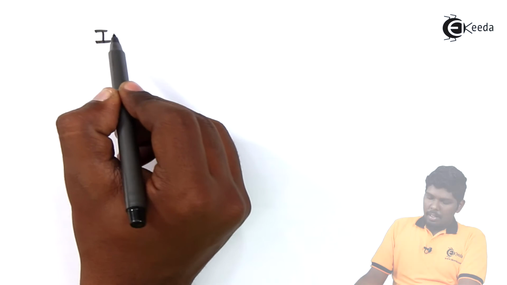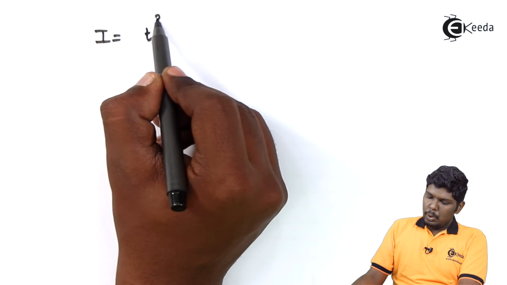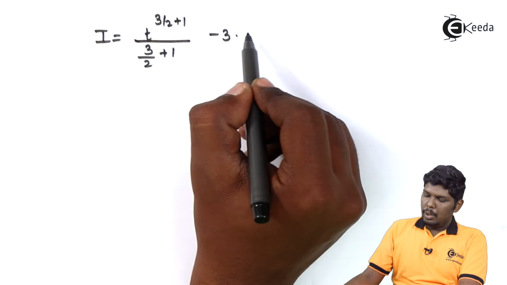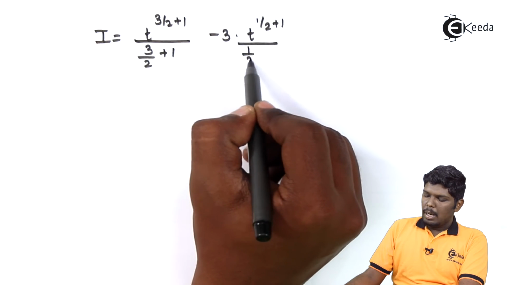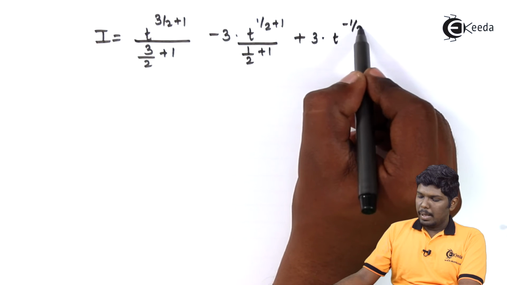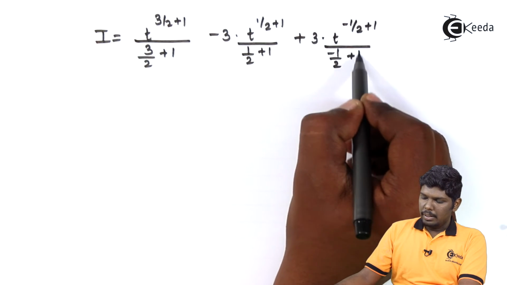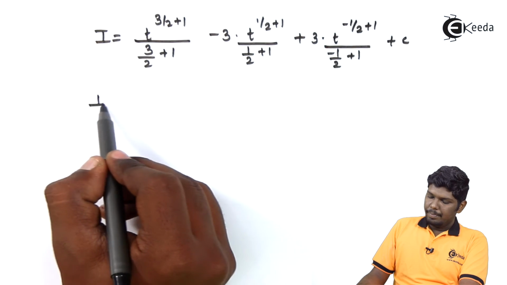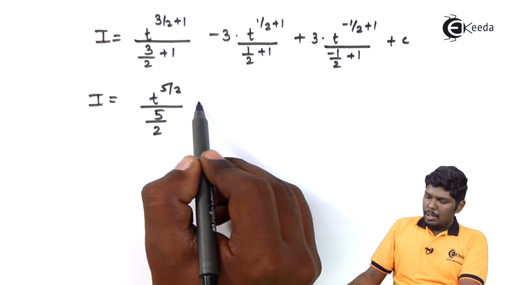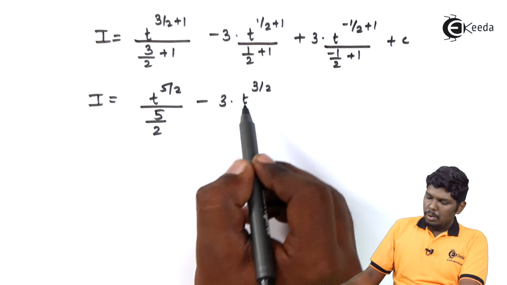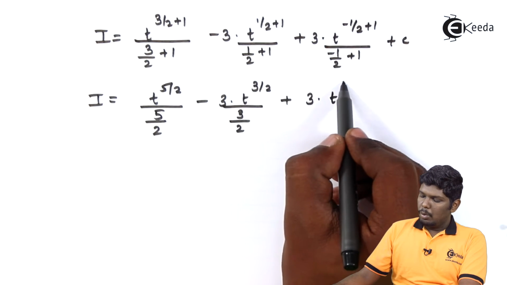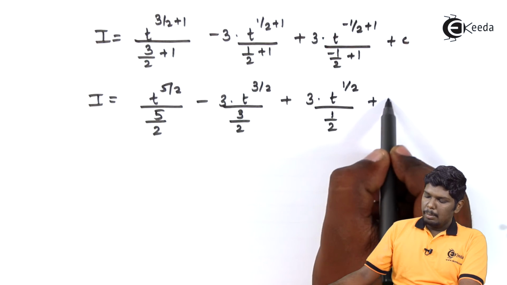That will give you I is equal to t raised to 3 by 2 plus 1 upon 3 by 2 plus 1, minus 3 into t raised to half plus 1 upon half plus 1, plus 3 into t raised to minus half plus 1 upon minus half plus 1, plus c. 3 by 2 plus 1 will give you t raised to 5 by 2 upon 5 by 2, minus 3, here we have t raised to 3 by 2 upon 3 by 2, plus 3, minus half plus 1 will give you t raised to 1 by 2 upon 1 by 2, plus c.